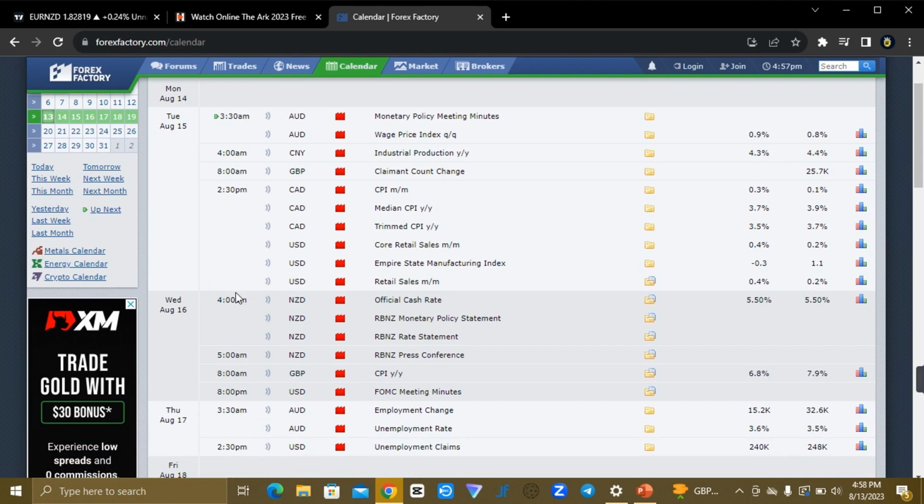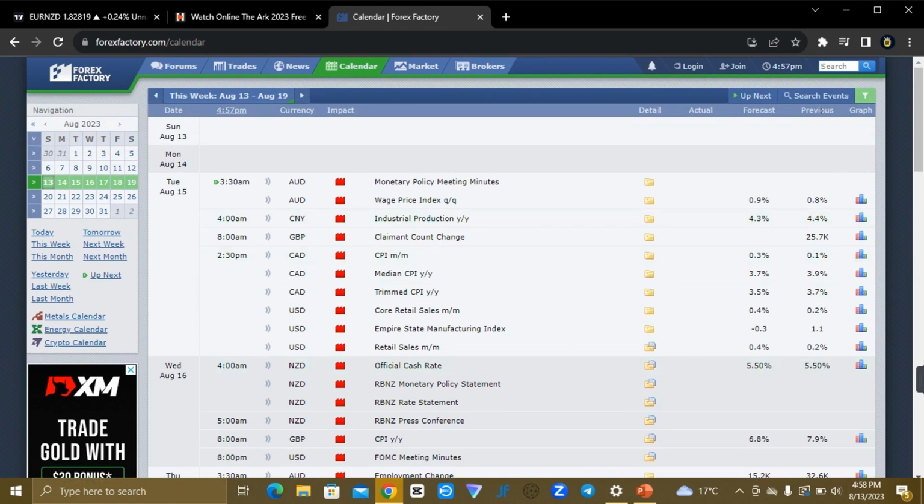And then this right here on Wednesday, and this is where my interest for the week is at, which is the NZD interest rate, and this is on a fundamental perspective. As you can see, the potential analysis for the interest rate is that it is going to stay on hold.